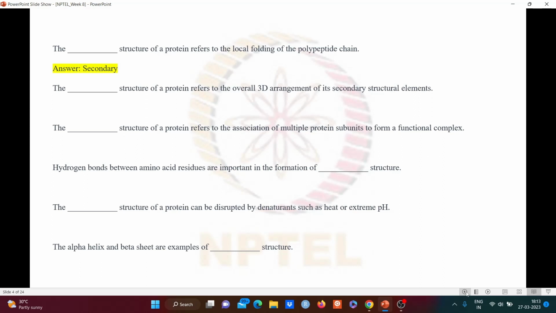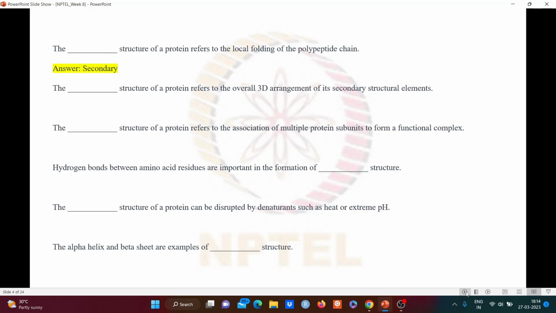Which structure of a protein refers to the 3D arrangement of its secondary structural elements? Okay, yeah, no issues. Even if you are not sure about the answer, you can give it a try because we'll be discussing the answers here. Yeah, I got an answer.